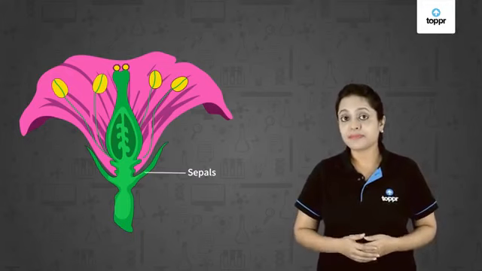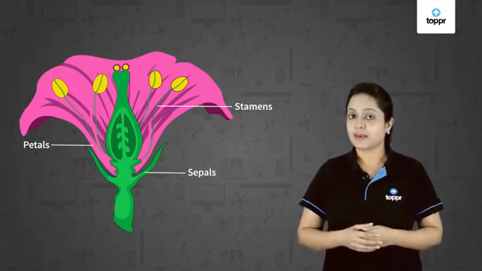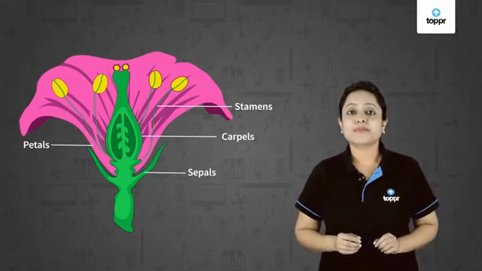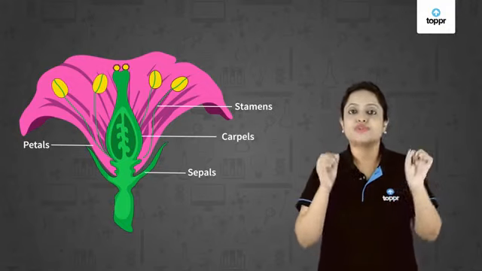Now let's start with sexual reproduction in flowering plants. Flowers are the reproductive organs in plants. Let's have a look on the parts of the flower. It has four parts: sepals, petals, stamens and carpels. Stamens and carpels are the reproductive parts of the plant.